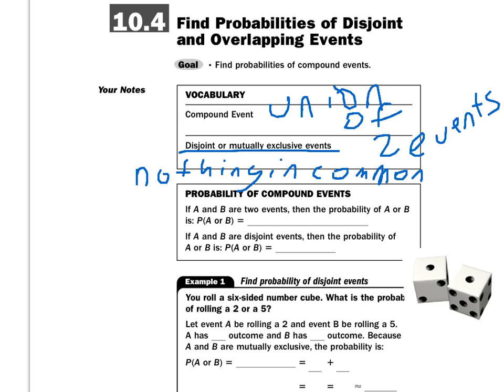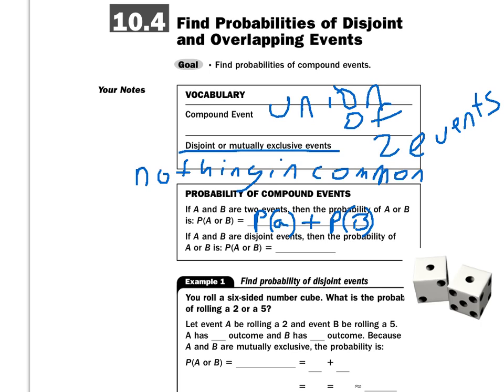The probability of compound events: if A and B are two events, then the probability of A or B. Remember earlier we said that or thing, right? When we had the or thing, we talked about the probability of A plus the probability of B, the plus sign.